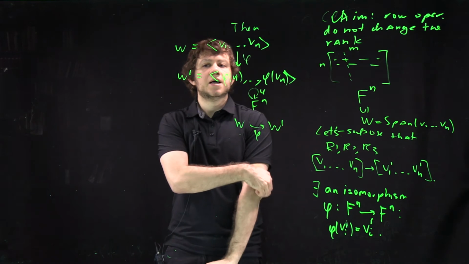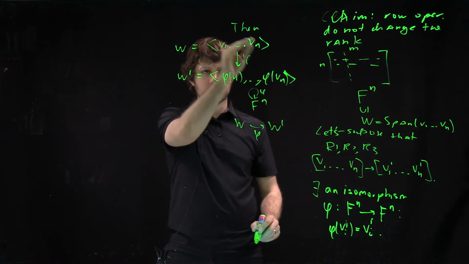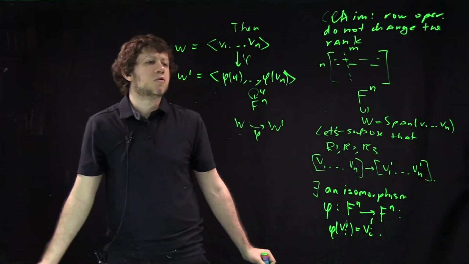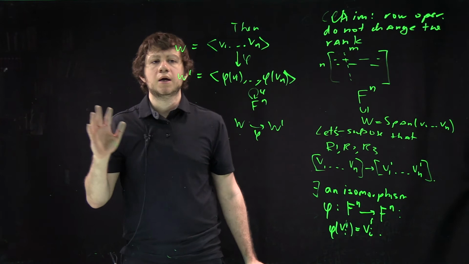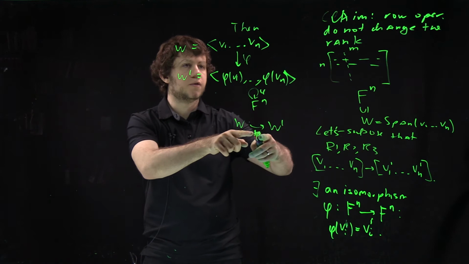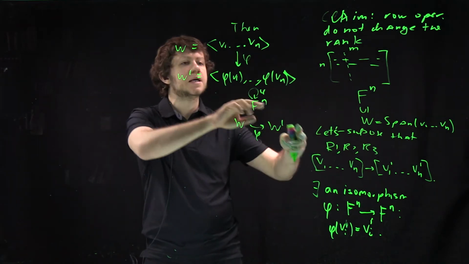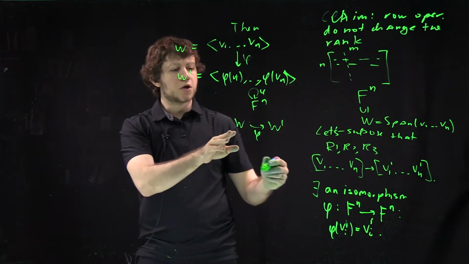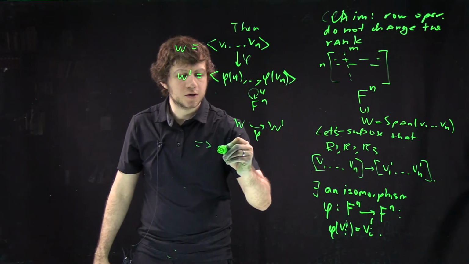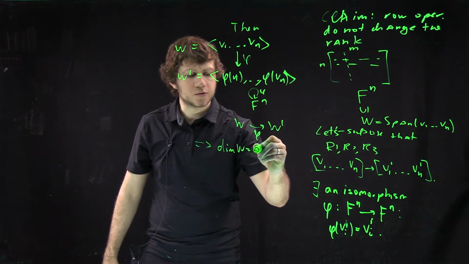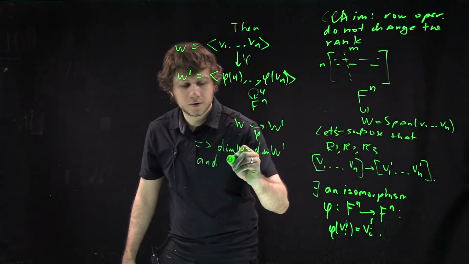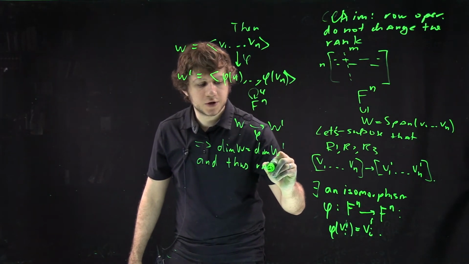Then this map from W to W prime, which phi does, is also an isomorphism between these two spaces, because an isomorphism has trivial kernel, and also there is an inverse, which if you take the inverse of phi on the whole space, will move this space backwards. So if such a thing exists, then the dimension of W is equal to the dimension of W prime, and thus rank does not change.